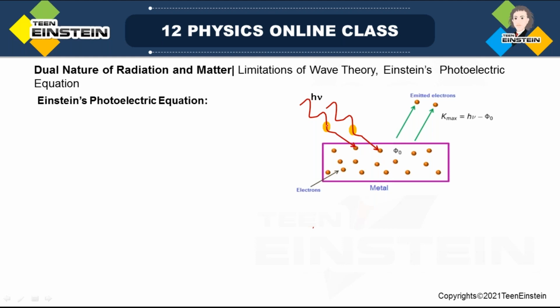So what happens when high energy photons, this h nu, arrive? The energy of the photon depends on nu only, not on the wavelength. As soon as you see, the energy h nu is transferred to the electron, and this energy will be spent in two ways.